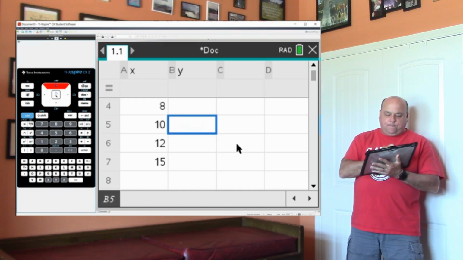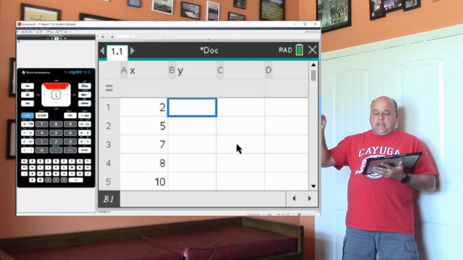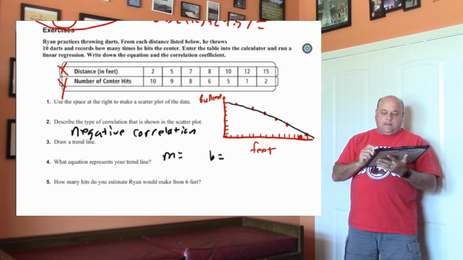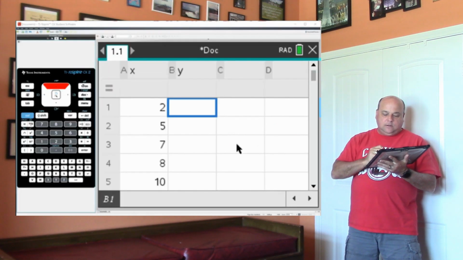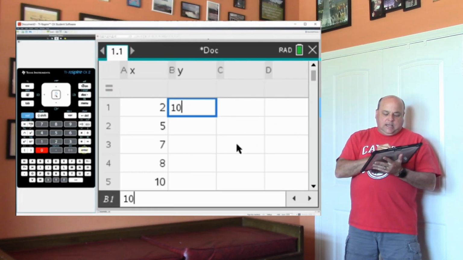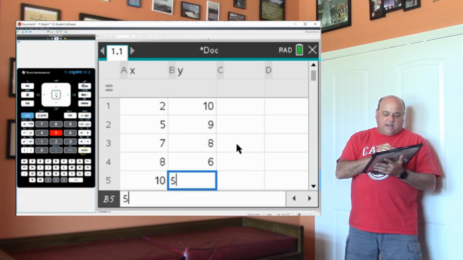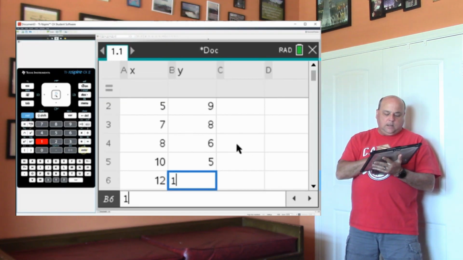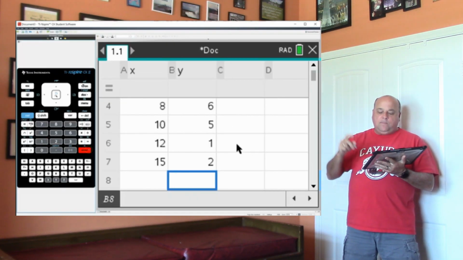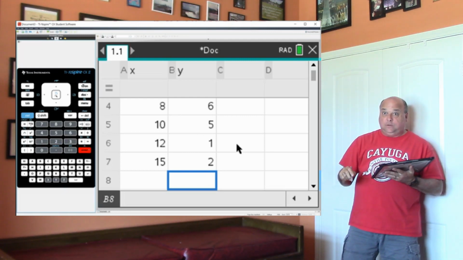I need to hit the up button and go to row 1 and B. So I'm in row 1B, and now I'm going to start typing in my number of hits. So 10, enter, 9, enter, 8, enter, 6, enter, 5, enter, and then 1, enter, 2, enter. Now then, make sure that blue box is below all of your data fields, okay?